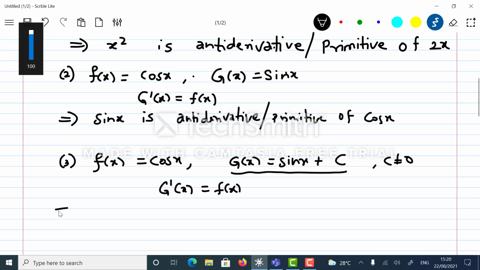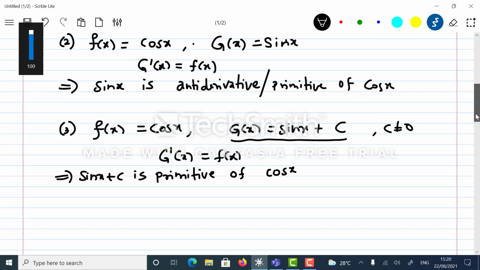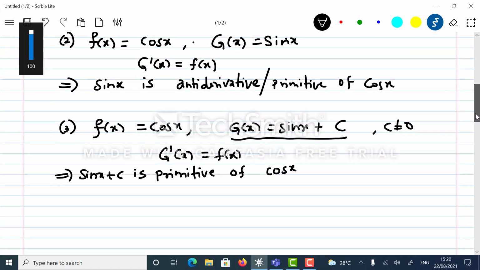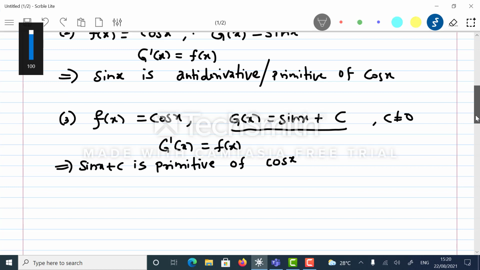So this would imply sin x + c is a primitive of cos x. So it's very clear that one may have more than two primitives. So primitives are not unique.